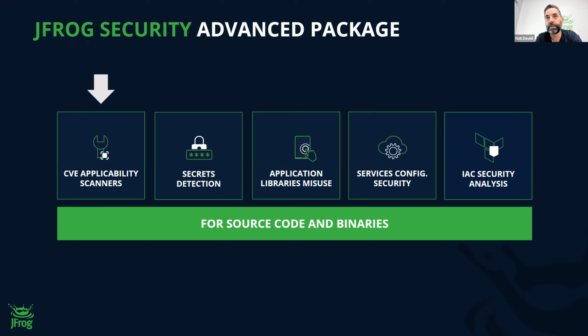For example, if you have a container with first-party code, configuration and third-party packages, the analyzer will scan all of it together, first party, third party and configuration, in order to understand the context. So it will tell you if the configuration allows exploitability. It will also tell you if the first-party code is calling the actual vulnerable function in the vulnerable library in a way that allows exploiting the CVE or not.